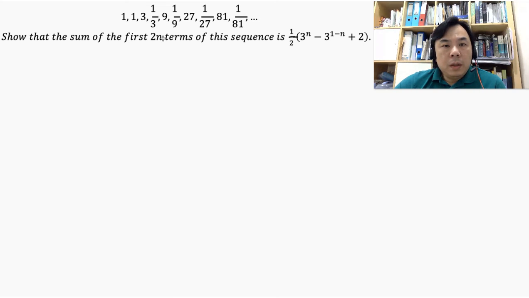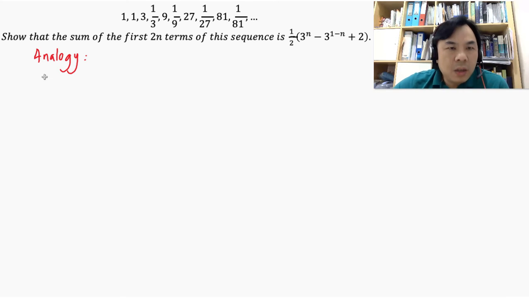Now, the sum of the 2n terms. I'm going to show you a very simple analogy first before we get into the analysis. Actually, I wouldn't say analogy, it's more like a simulation.